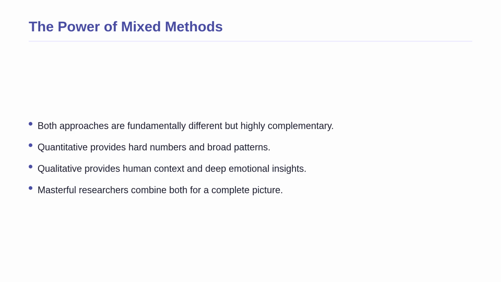Meanwhile, qualitative research provides the human context, deep emotional insights, and detailed explanations. In the real world, a masterful researcher knows exactly when to use each method, and very often combines them to create a complete, undeniable picture of the phenomenon being studied.